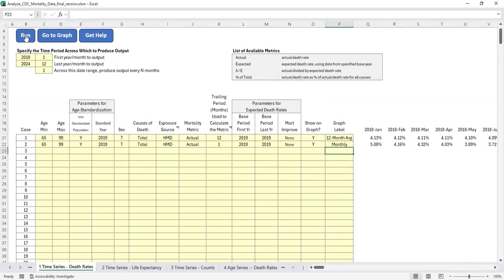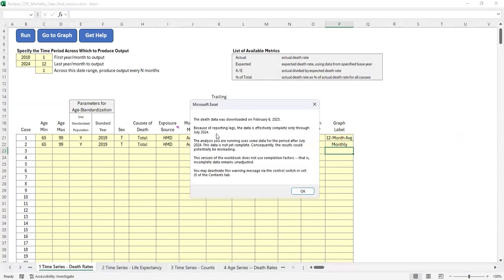Let's go ahead and run this. We get a warning message that discusses the data completeness issue that I mentioned a few minutes ago. Keep in mind that for this data set, the CDC data from August 2024 onwards is not complete.